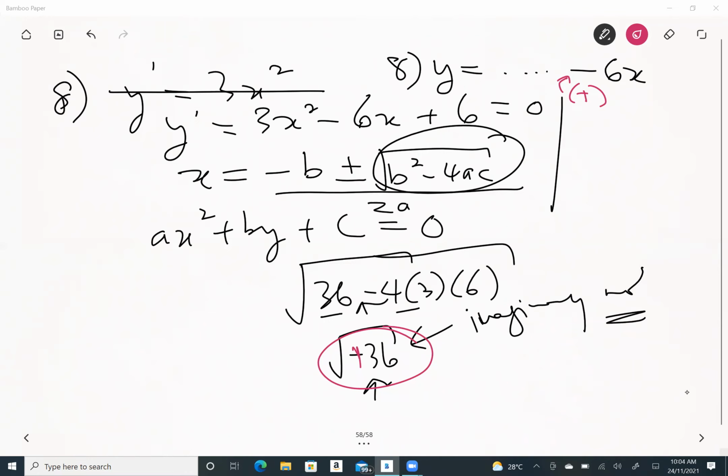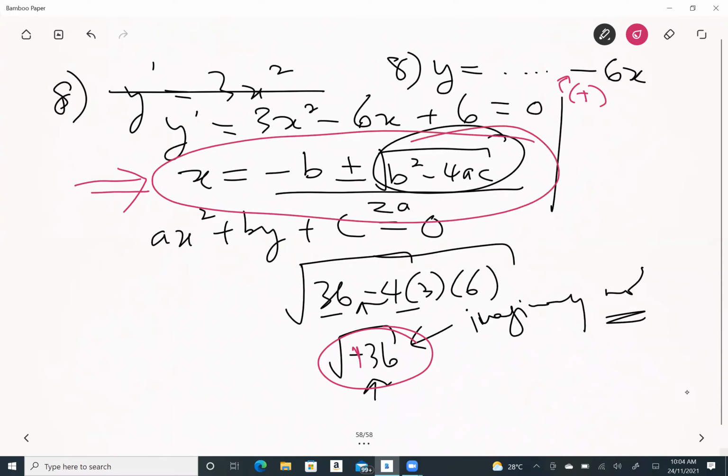Any question with the homework problem? Okay, so if you have a cubic function and you want to find the critical points, use this formula.